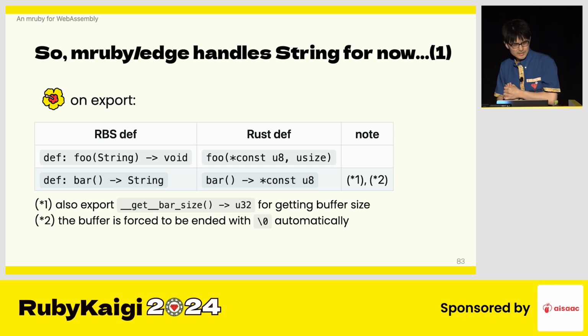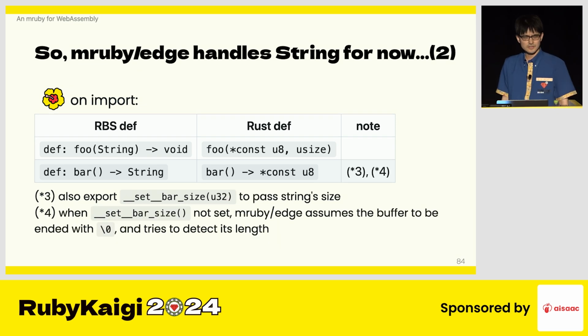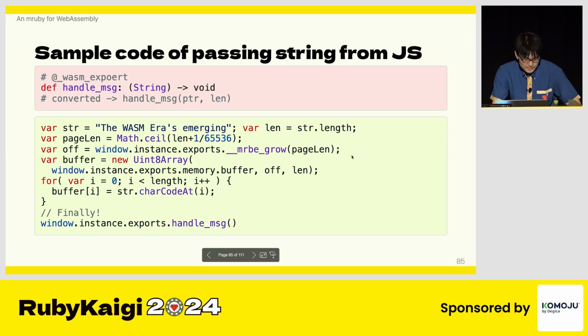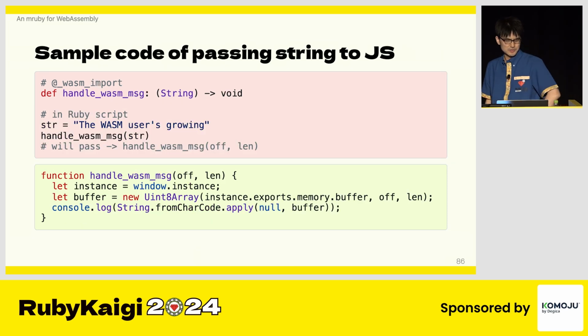It will become a pointer, and it also exports a get buffer size function automatically for getting the buffer size. When you want to use import functions with strings, the string type will be converted to pointer, offset, and length. So this is the export example and import example.